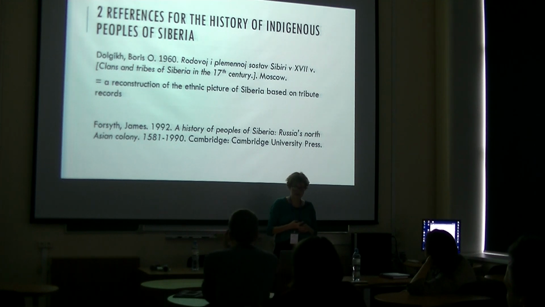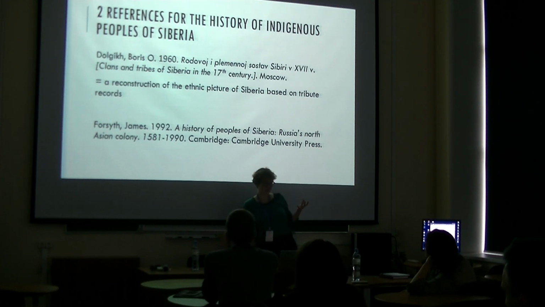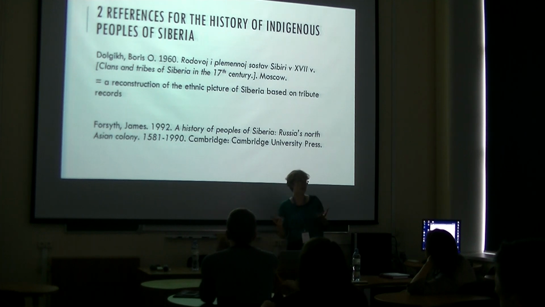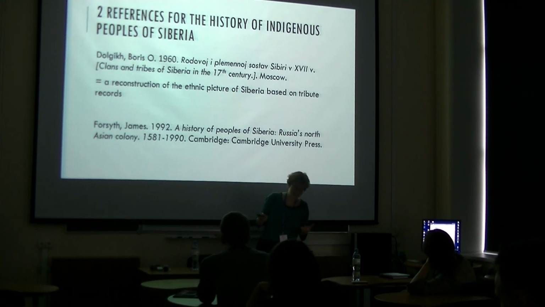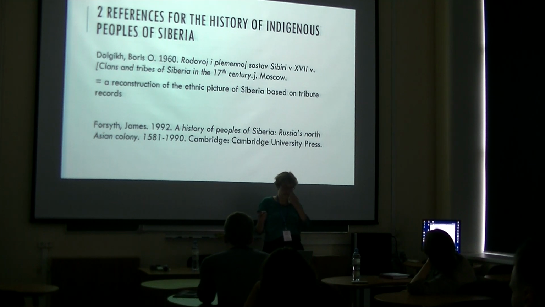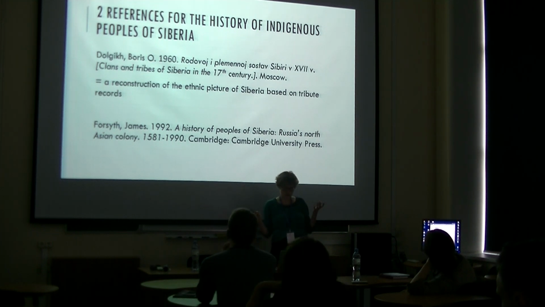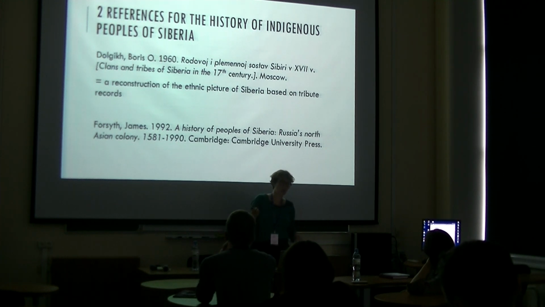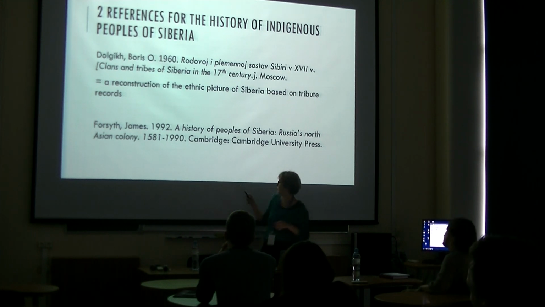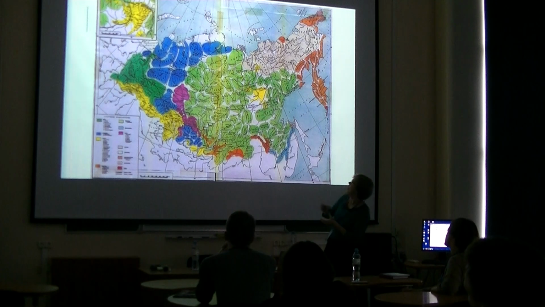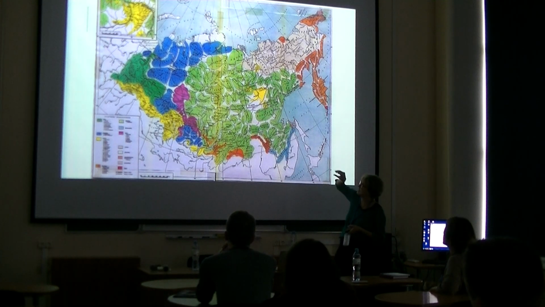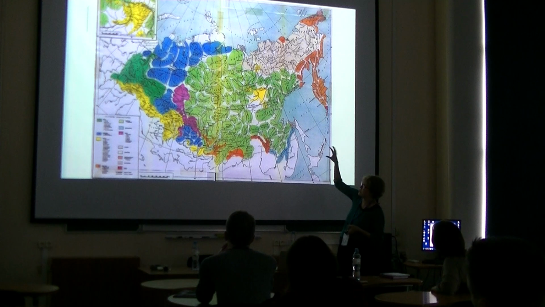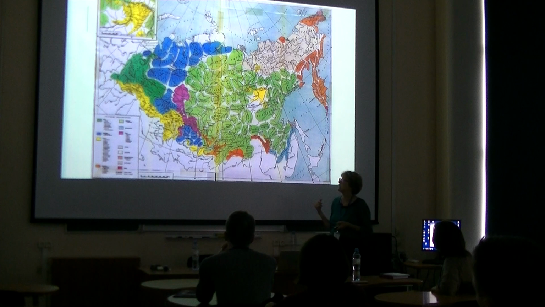And this is a great book which gives us a lot of information about the ethnic composition of Siberia at the time, and in many cases we know which clan, because here all these circles are clans, and the color shows again Uralic, Turkic, Tungusic, and so on.